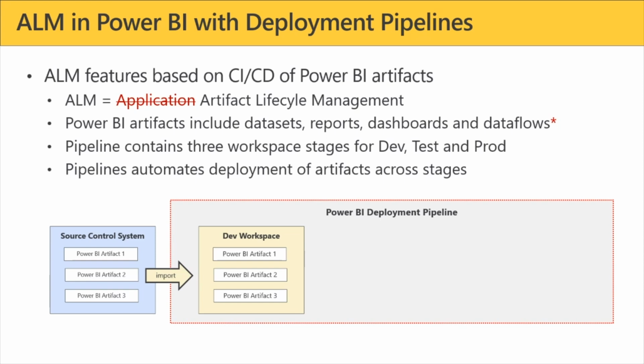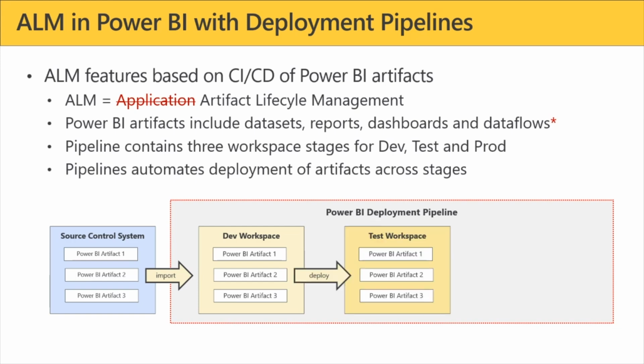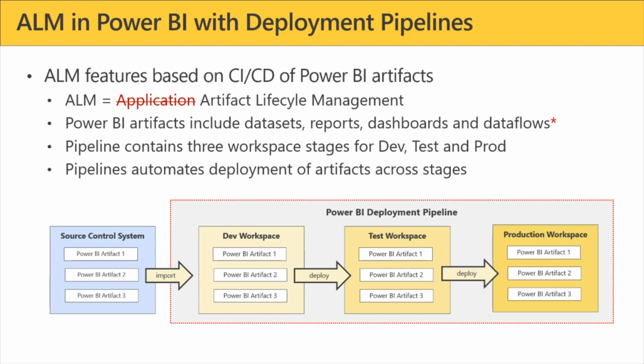And the idea is that you'll have the dev workspace, you'll deploy assets that will push from the dev workspace to the test workspace, and then finally you'll do another deploy and push to the production workspace. Now it's hard-coded into this feature that we have 3 stages. It's stage 0, stage 1, and stage 2 when we get more low level. And you could really think of ALM in Power BI as being artifact lifecycle management more than it is application lifecycle management.